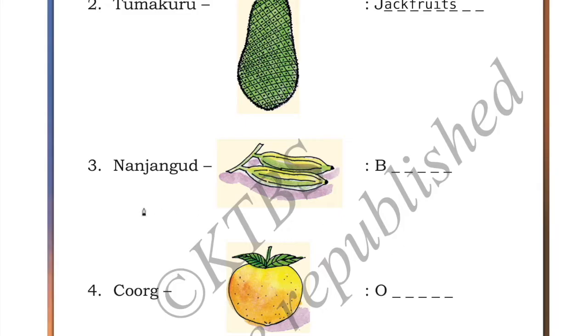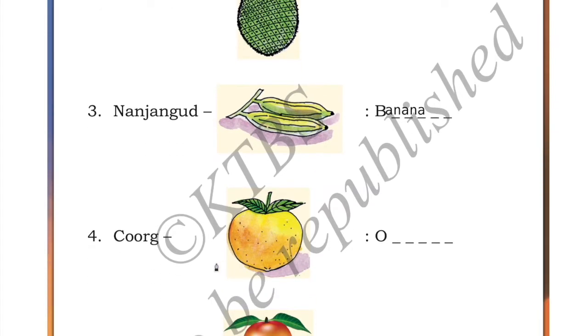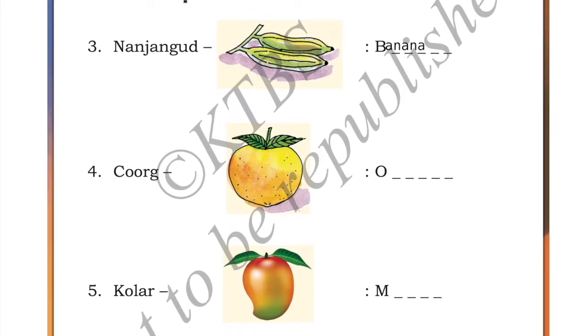Next, Nanjangud. Nanjangud is famous for bananas. So if you have ever tried Nanjangud bananas, it has a very different and nice taste in the banana. Next we have Coorg. Coorg is famous for oranges. So the weather in Coorg supports growth of oranges.